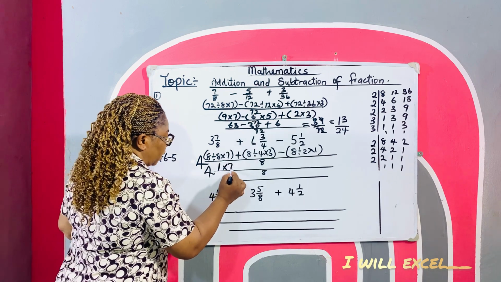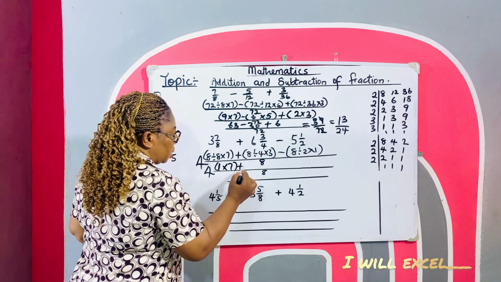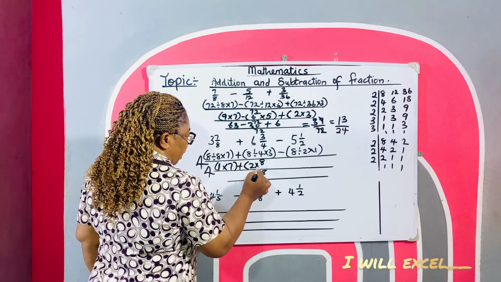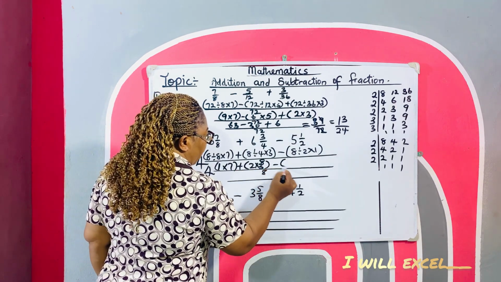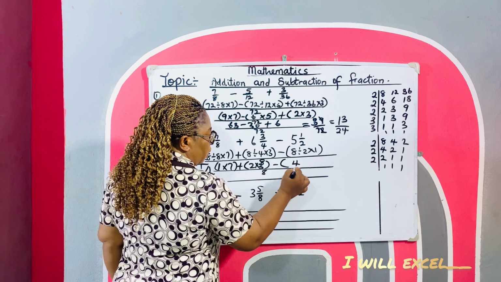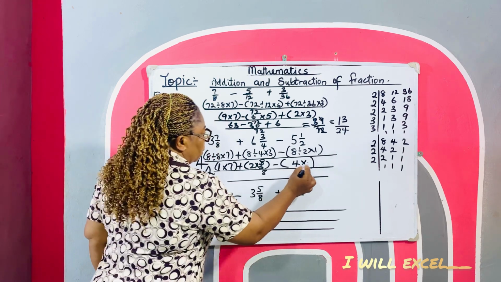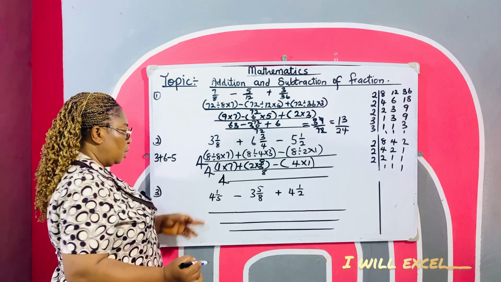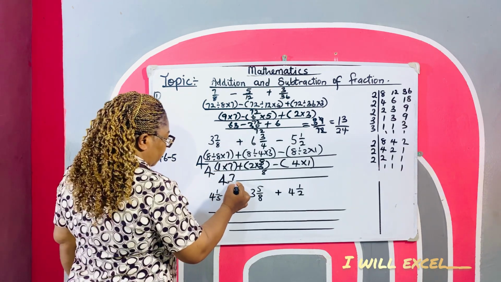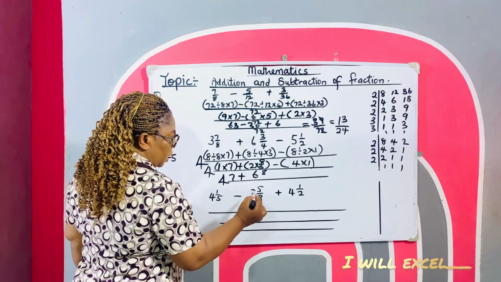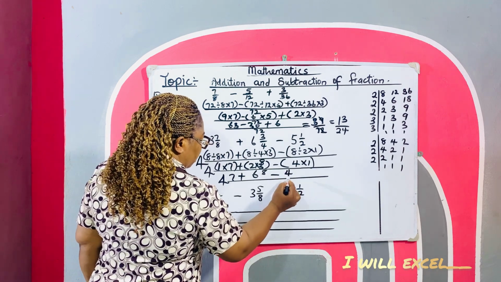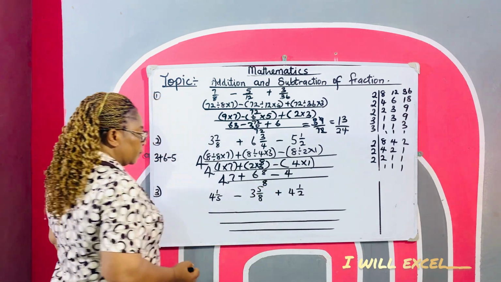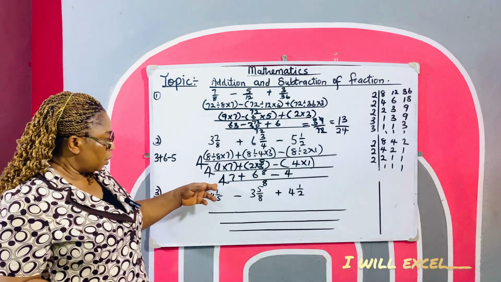Plus 8 divided by 4 will give us 2, 2 times 3, minus 8 divided by 2 will give us 4 times 1. The whole number is still there. 1 times 7 will give us 7. 2 times 3 will give us 6. 4 times 1 will give us 4. Okay, 4 whole number.